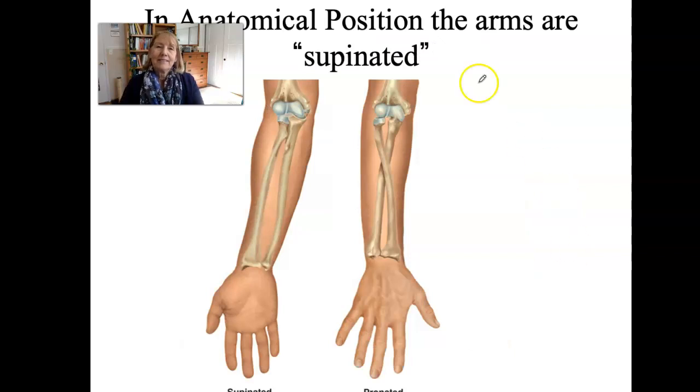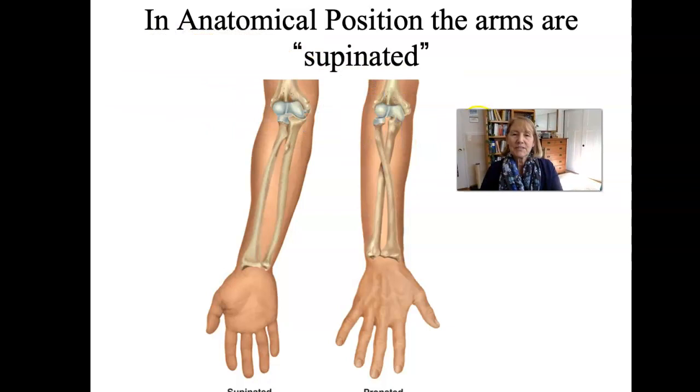Good. So notice the position of the arms. The position of the arms is such that they are supinated. I'm going to put the S here for supinated. Arms forward, let me stand up like this, right?